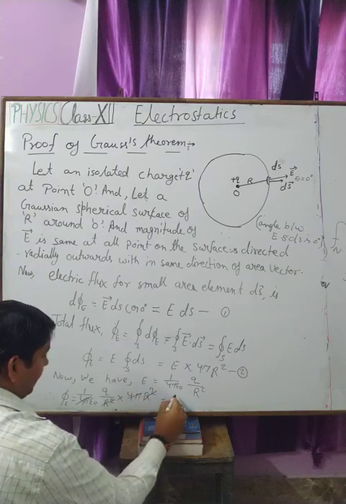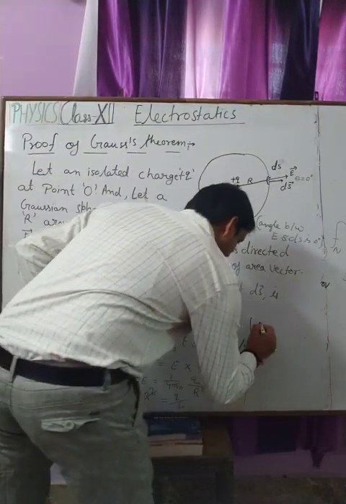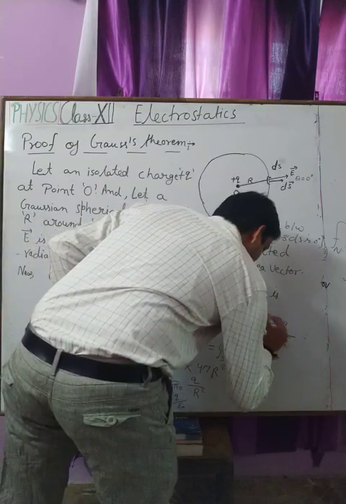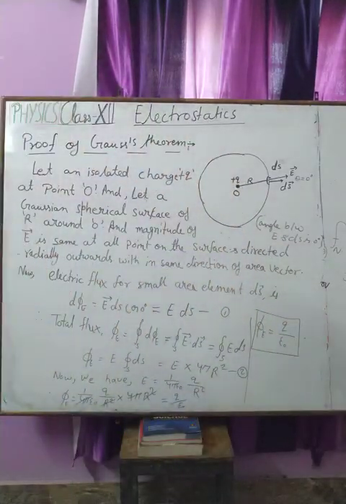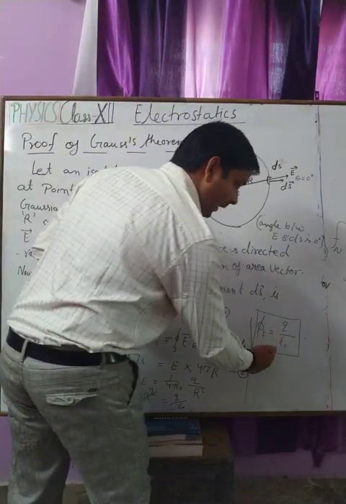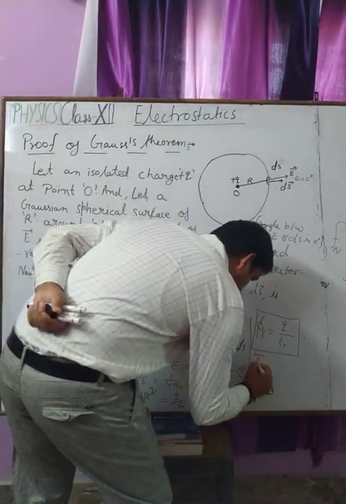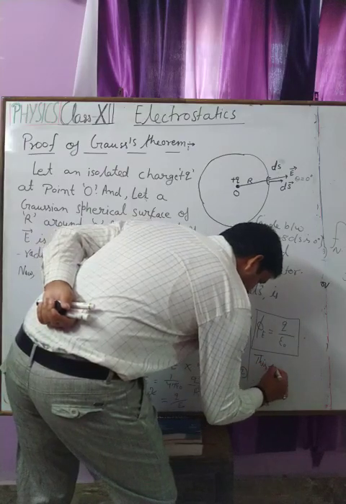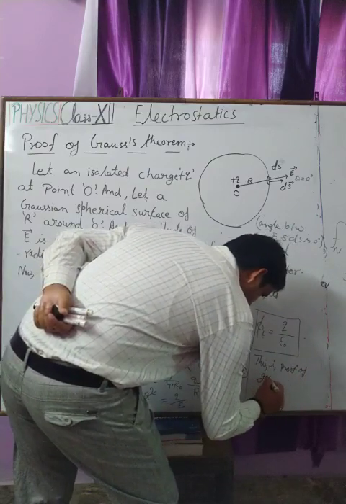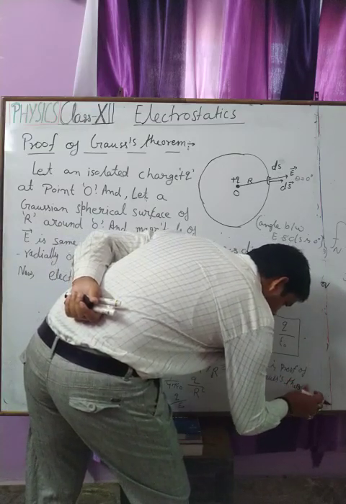We are getting q upon epsilon naught. So this is the proof of Gauss's theorem: the value of the flux passing through the surface is q upon epsilon naught.